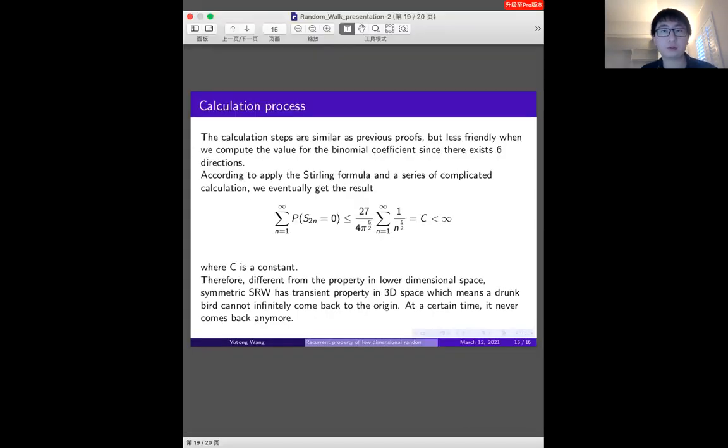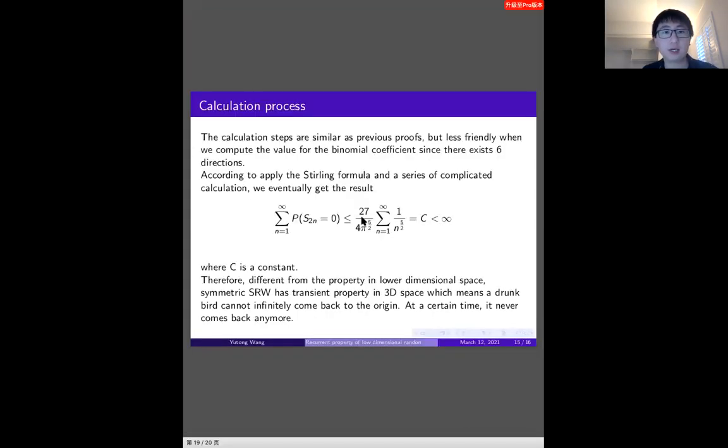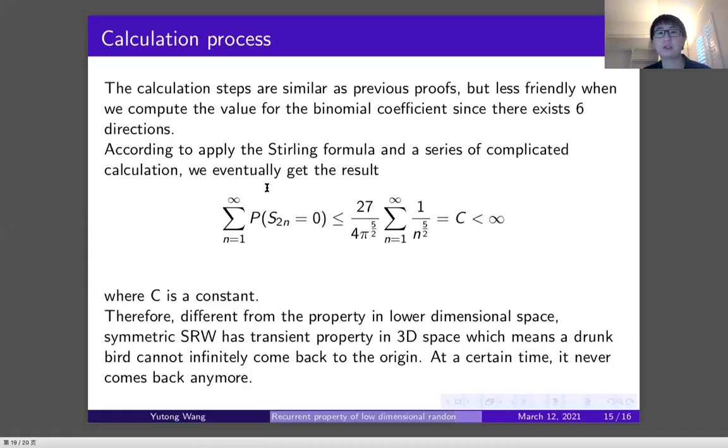So according to the Stirling formula and a series of complicated calculations, we eventually get the result, which is, by comparison, the sum of the probability is equal to or less than a constant. This is a constant term times a sum of this term, and we use the p-series test, as this exponent is greater than 1, right?